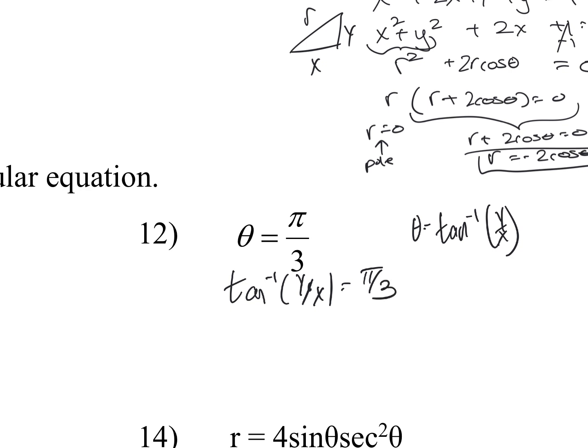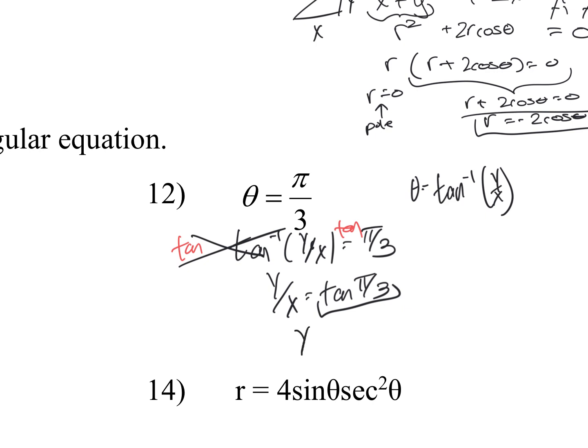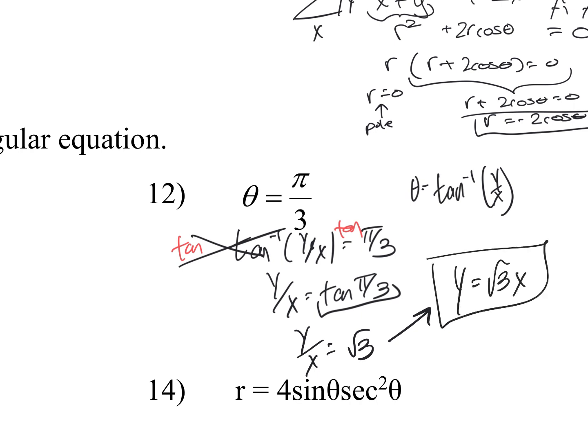So to basically break out the tan on both sides will give us the ability to isolate x and y. Now the other benefit is tan of pi over 3 is a value on our unit circle, which would just be root 3. And then we can multiply both sides by x, and that's the equation going through that angle.